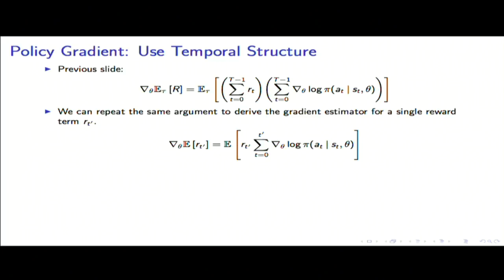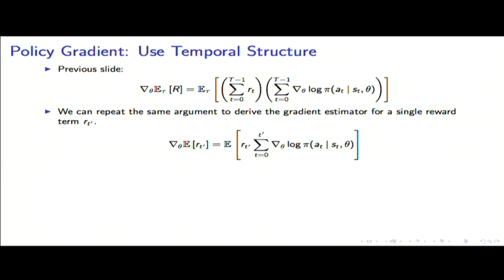First, notice that we can go through the previous argument and derive the gradient estimator for the expectation of a particular reward term. Here we're looking at r sub t prime, and we're trying to compute the gradient of the expectation of that one term.